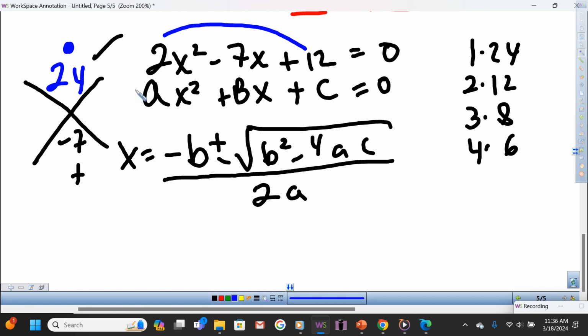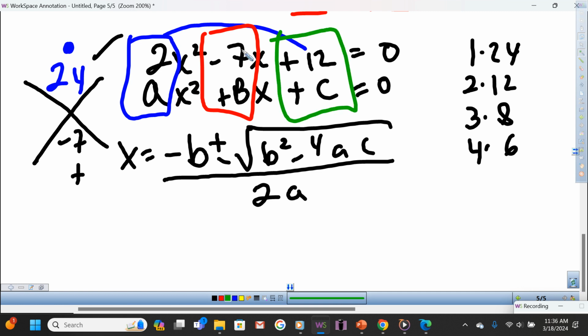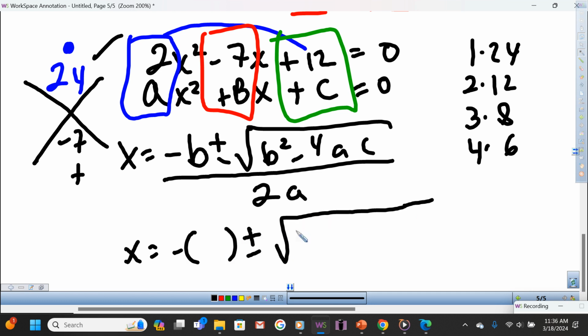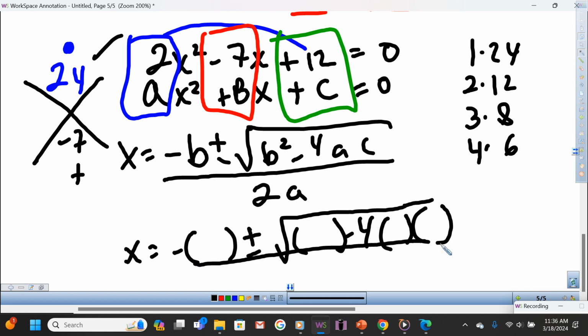Therefore, a is 2, b is negative 7, and c is positive 12. So, x equals minus parentheses plus or minus square root parentheses minus 4 parentheses parentheses over 2 parentheses.